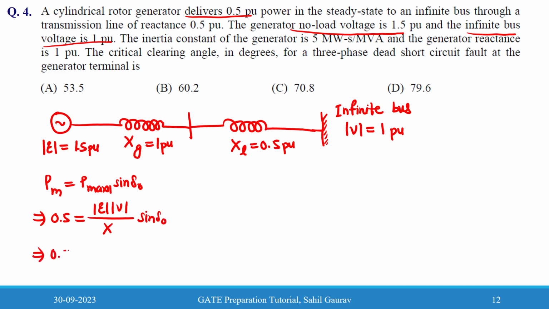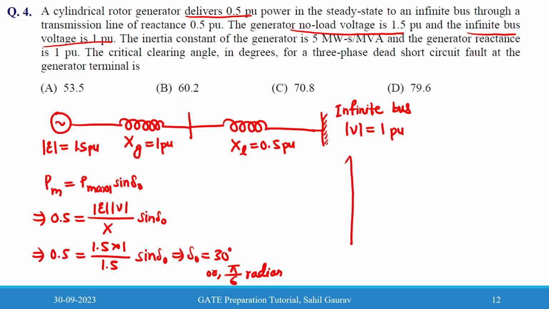So 0.5 equals 1.5 times 1 divided by (1 plus 0.5), sine delta naught, so delta naught will be 30 degree or pi divided by 6 radian. So this is the initial rotor angle. Now we will make the P-delta curve.